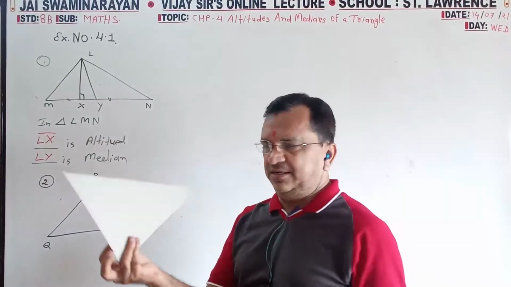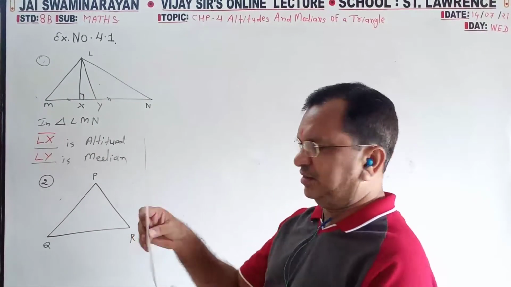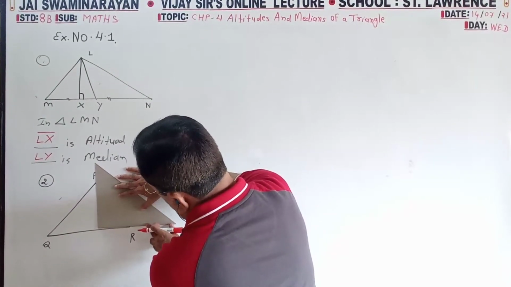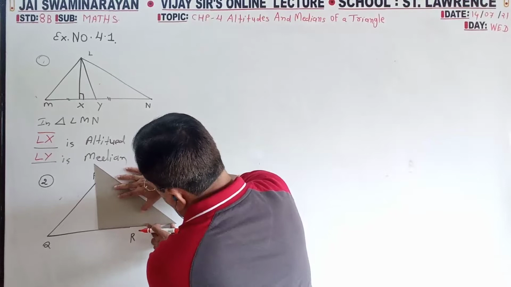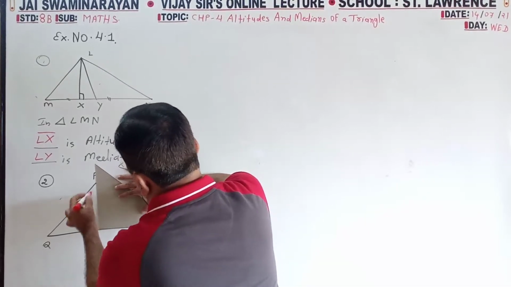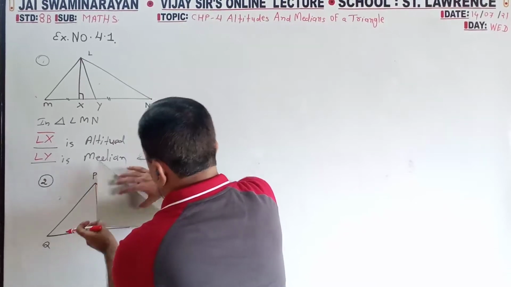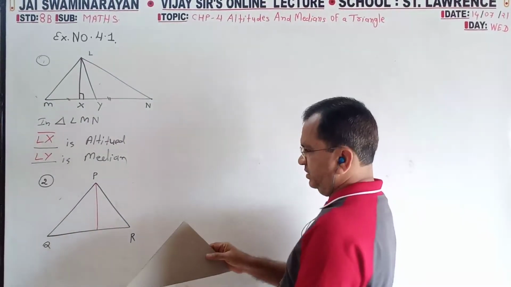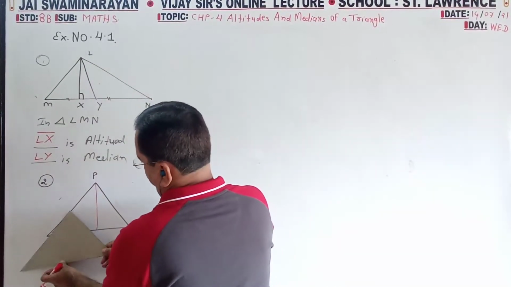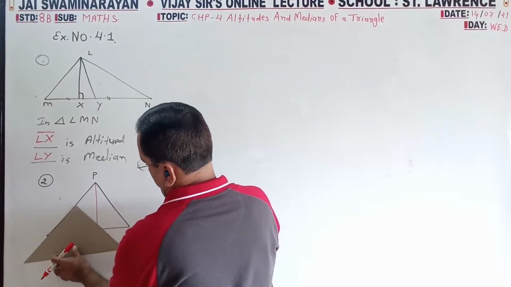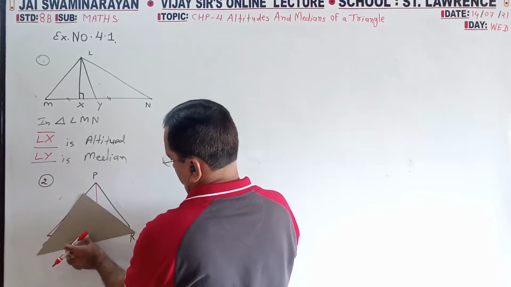Now take your set square, arrange it on the base, just move like this, and draw the perpendicular from P. Now from Q, arrange on a base, move.